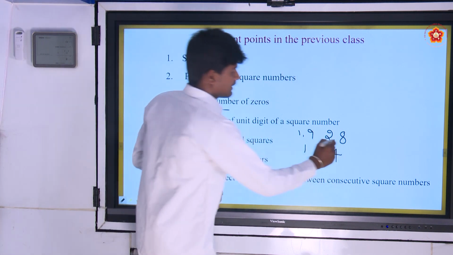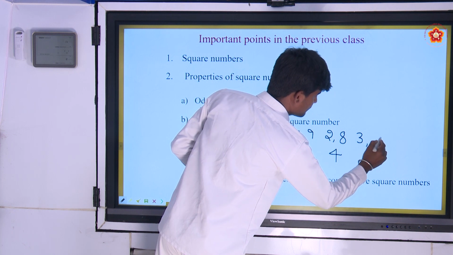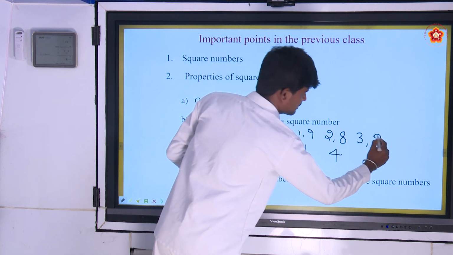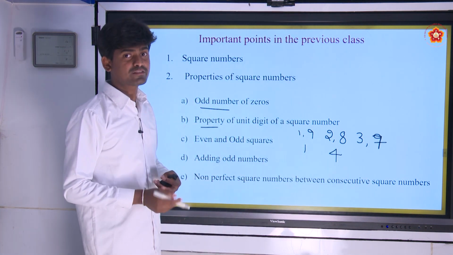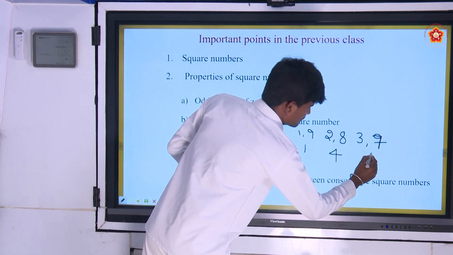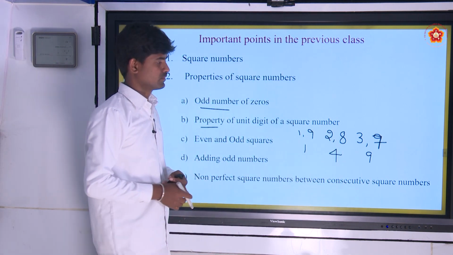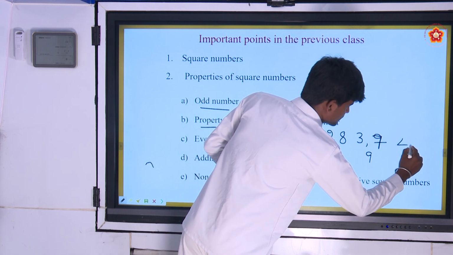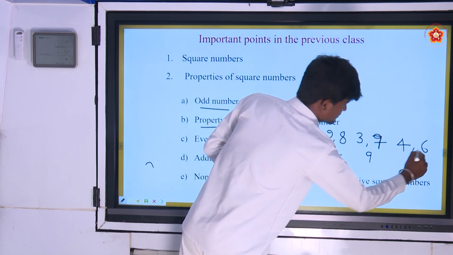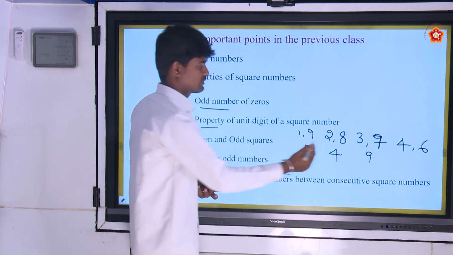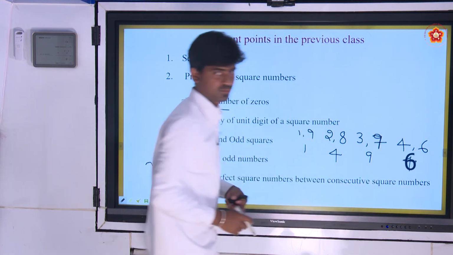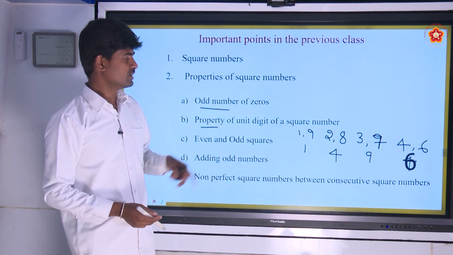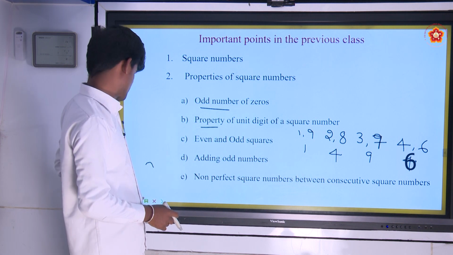If the number ends with 3 or 7, the square number ends with 9. And if the number ends with 4 or 6, the square number ends with 6. This is the property of the unit digit of a square number.